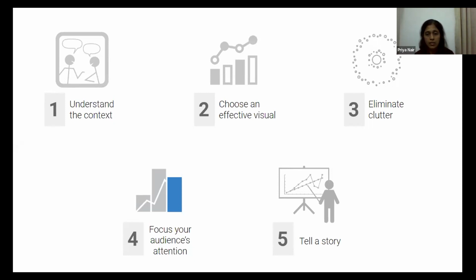And last is tell the story. We have to always remember whatever data we have is always related to some human activity, right? It's because of some human activity that data is generated, right? So that should relate in your story that way.